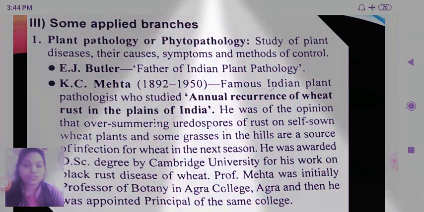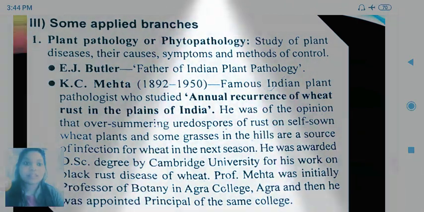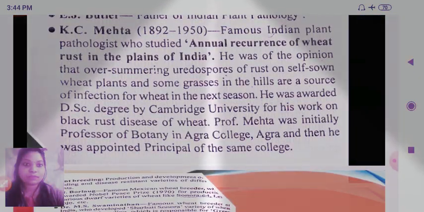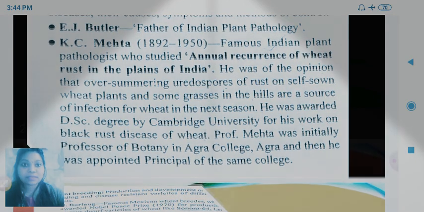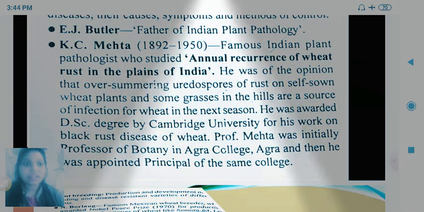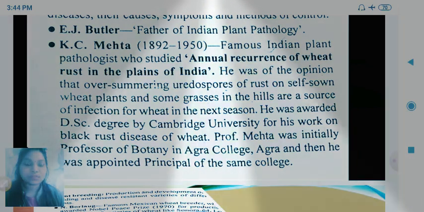E.C. Butler is known as the father of Indian plant pathology, and K.C. Mehta is also a famous Indian plant pathologist. K.C. Mehta studied the annual recurrence of wheat rust in the plains of India, and he was of the opinion that the over-summering uredospore is in the wheat.